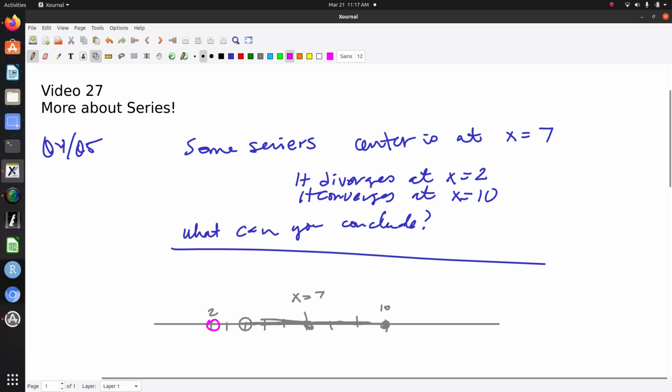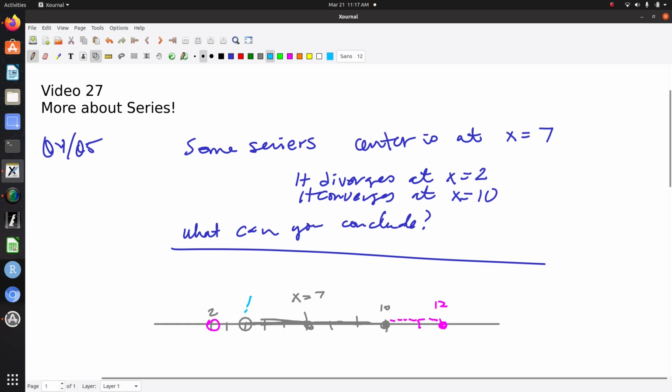So again, if we march out 1, 2, 3, 4, 5 to get from 7 to 2, then we're going to march 5 in the opposite direction. 1, 2, 3, 4, 5. This is the furthest it can possibly converge to, because after 12 we are guaranteed divergence since we knew it diverged at 2. So the point is you don't know what's going to happen on the edge, but you've set bounds on your radius.